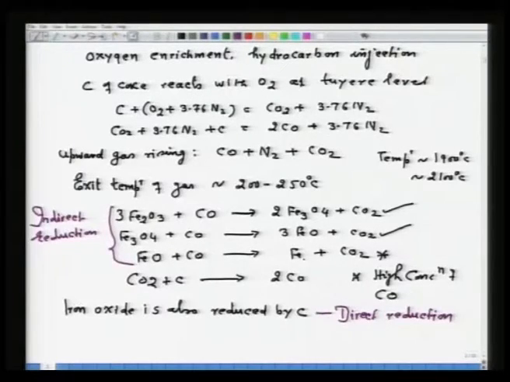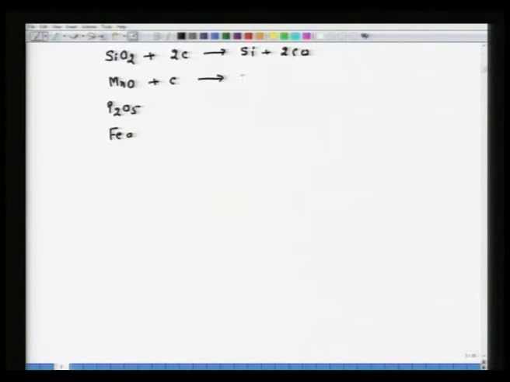Some of the oxides, say for example SiO2, MnO, P2O5 and FeO, are reduced by carbon and they form silicon plus 2CO, MnO plus C forms Mn plus CO, because they all take place at very high temperature.